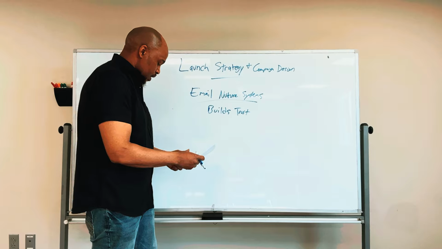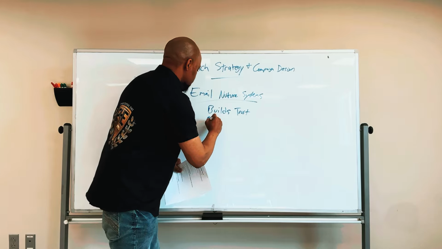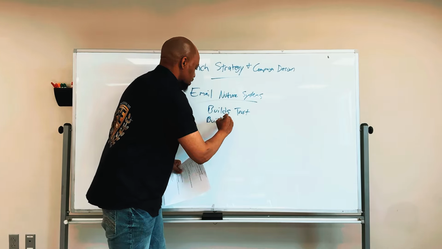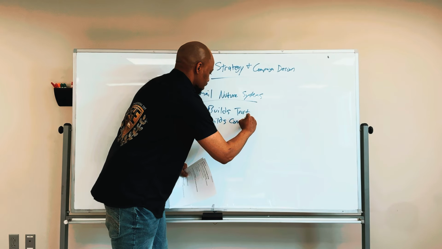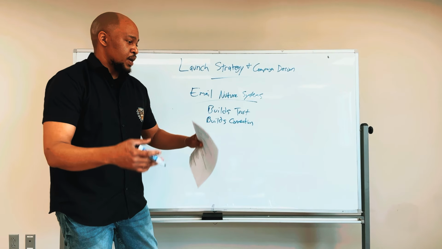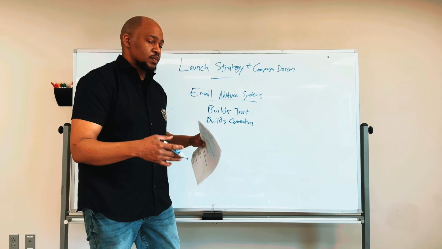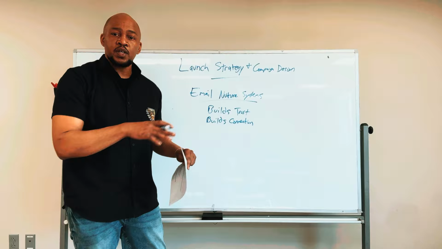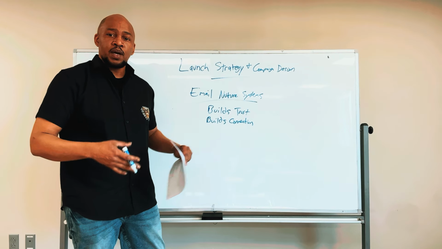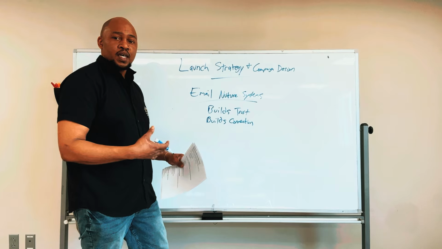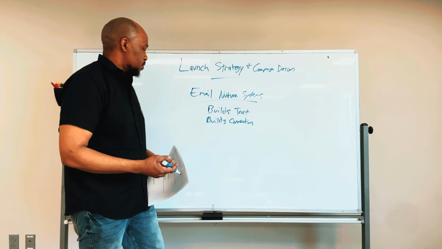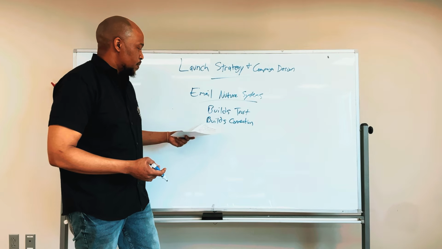Another thing your emails can do is build connection. If you're telling stories through your emails, you can build connection and share more than what you can talk about online. Maybe in the emails, you can give more of a personal perspective to make people feel more connected.